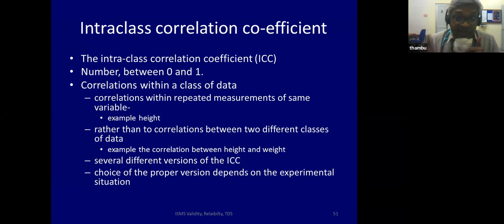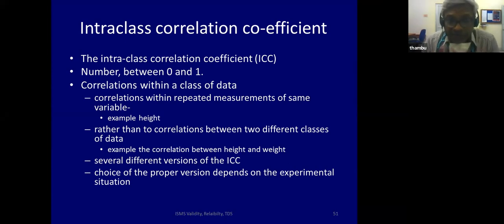You're not taking height and weight, it's between heights. With repeated measurements of height, how do they vary? It is a correlation of how height varies within itself rather than a correlation between two classes. So ICC is not checking the correlation between height and weight. It is between repeated measurements of height.